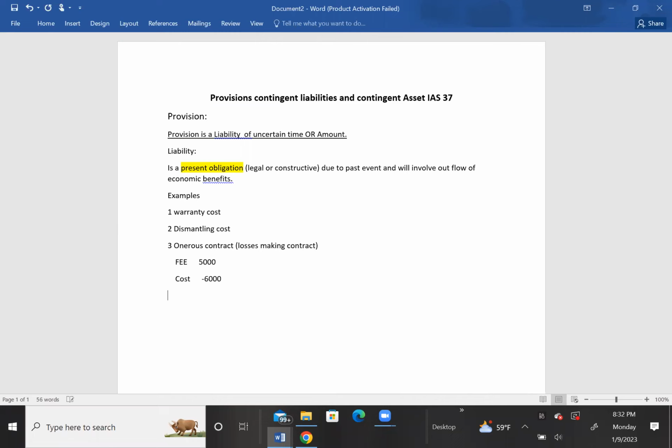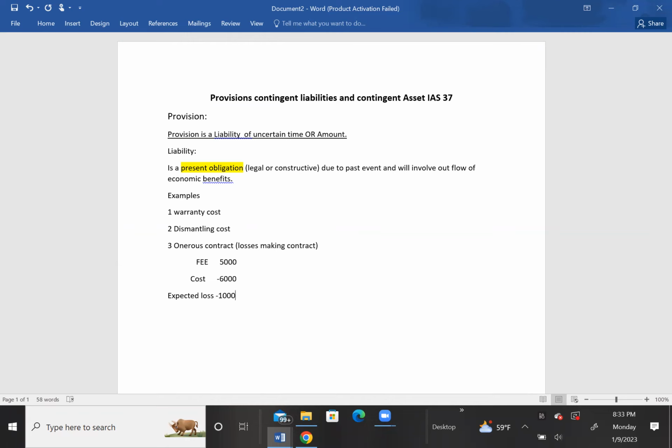So if I fulfill the contract, there will be an expected loss of 1,000. So the contract becomes onerous with 1,000 because it is expected that the contract would result in loss.